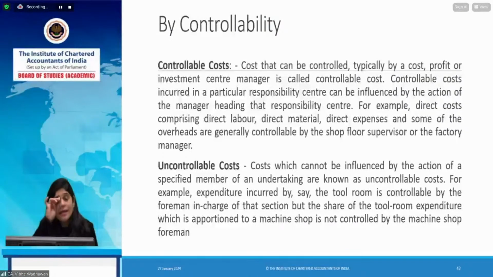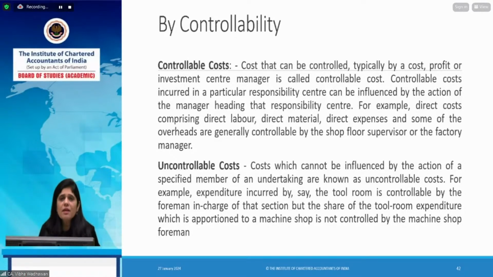Let us say the electricity bill is shared among all the departments. Now, the electricity bill cannot be controlled by one department manager. It has to be controlled by all the department managers. Then only the electricity bill can be saved.